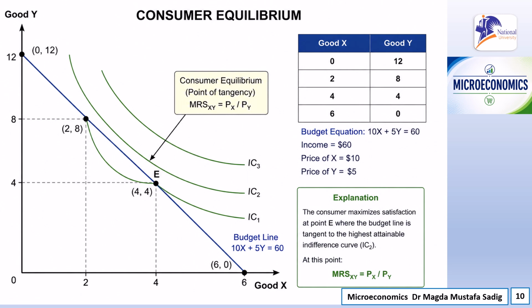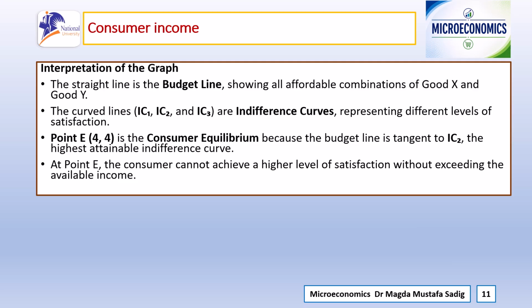Consumer equilibrium occurs where the budget line is tangent to the highest attainable indifference curve. Finally, the equilibrium condition is that the marginal rate of substitution equals the ratio of the prices of the two goods.